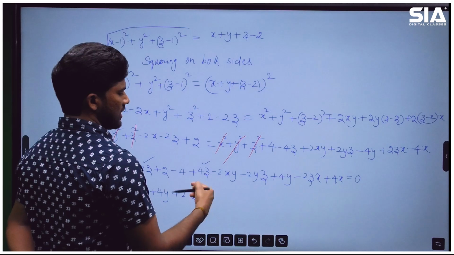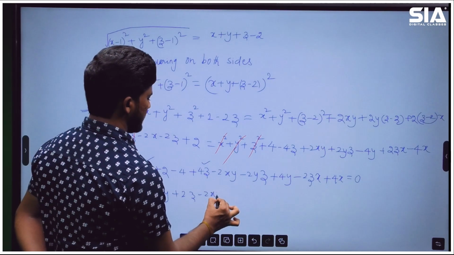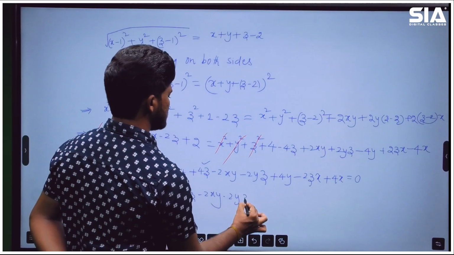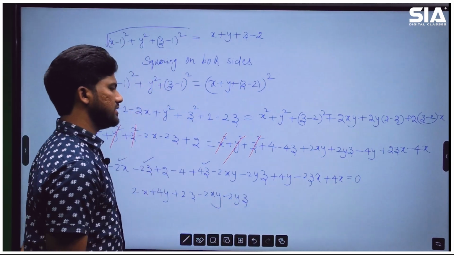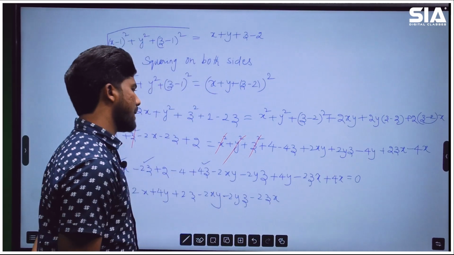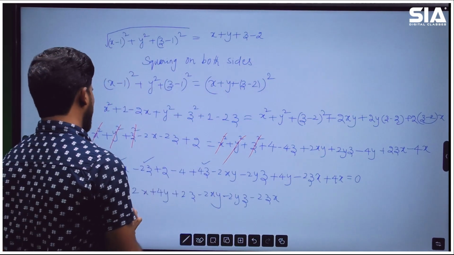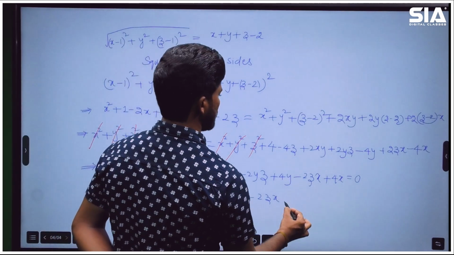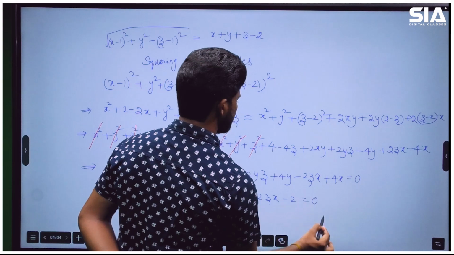Next, minus 2xy, minus 2yz, minus 2zx, and what is the remaining value? 2 minus 4 is minus 2. 2 minus 4 minus 2 equal to 0.